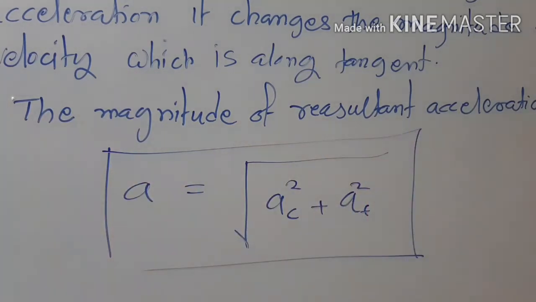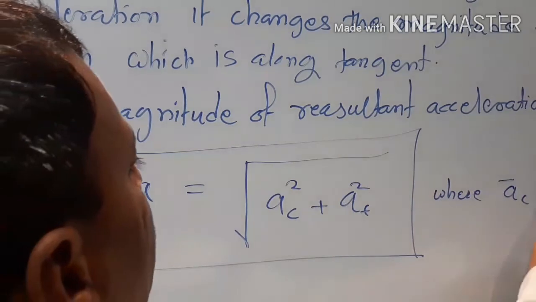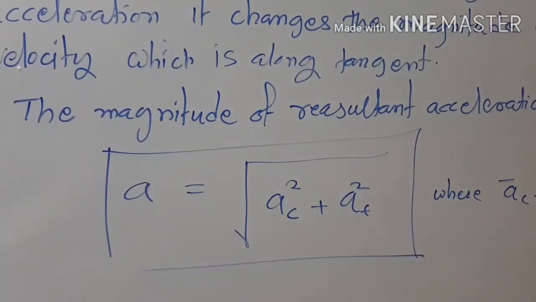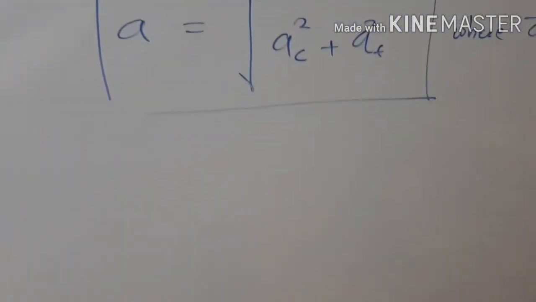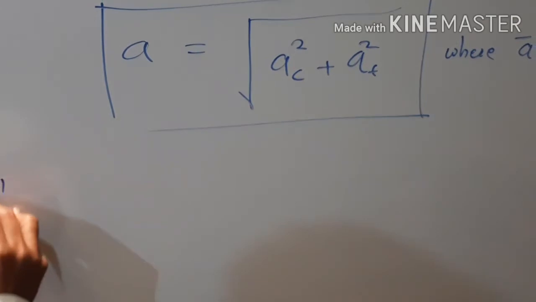So write down this formula, where AC bar is perpendicular to AT bar.